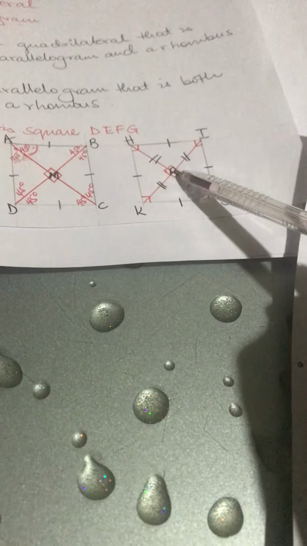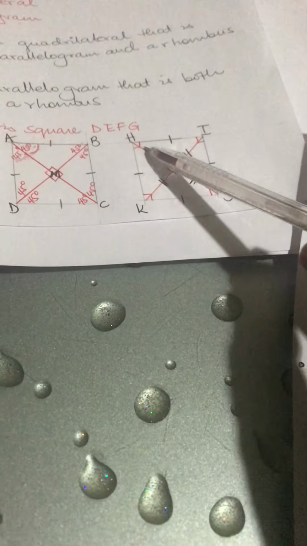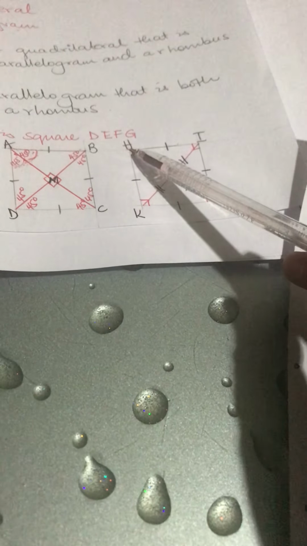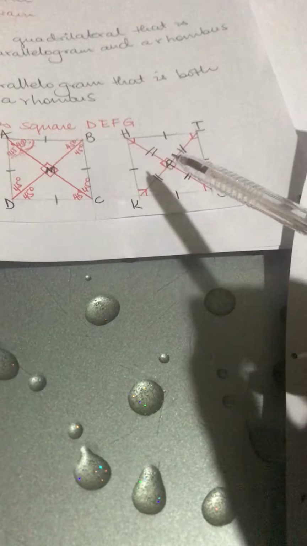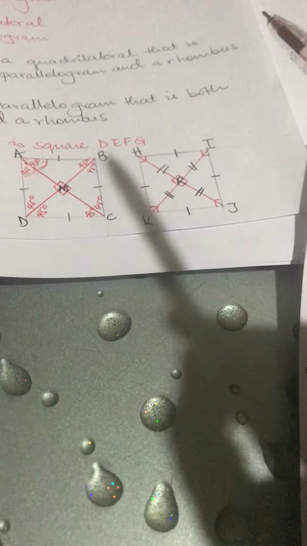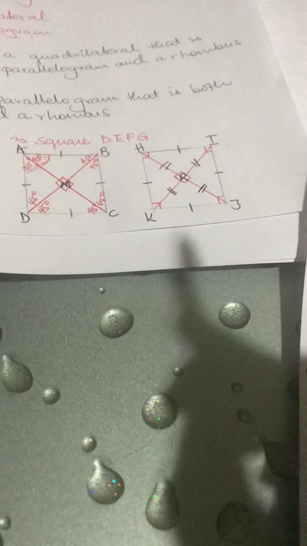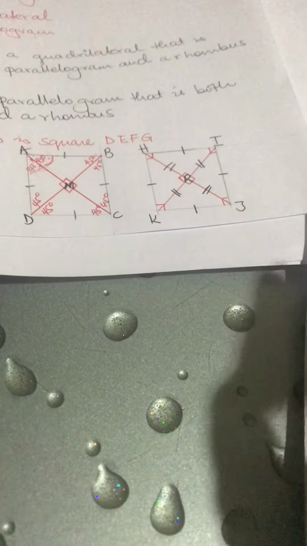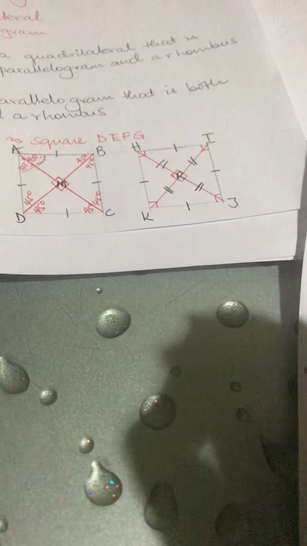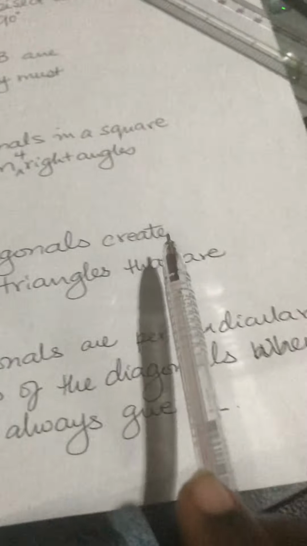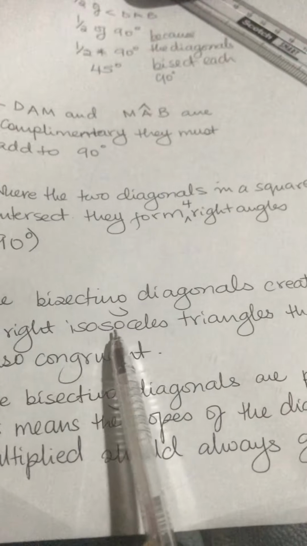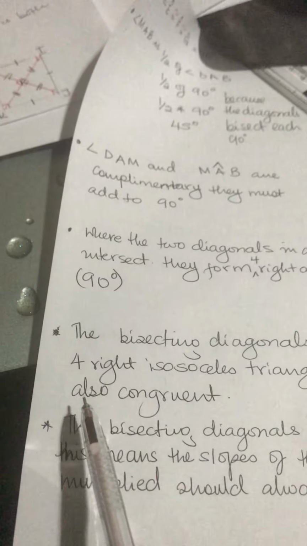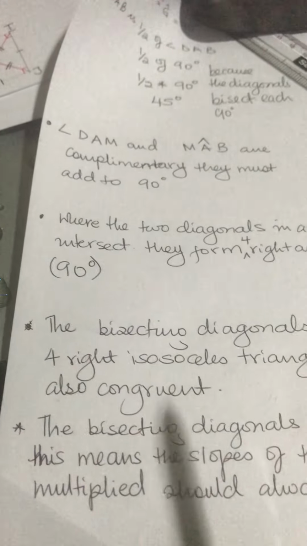So the base of the triangle and the height of the triangle are congruent. That is why we are saying in every square, the diagonals, when they bisect, make four congruent right isosceles triangles. That's what we wrote over here. The bisecting diagonals create four right isosceles triangles that are also congruent.